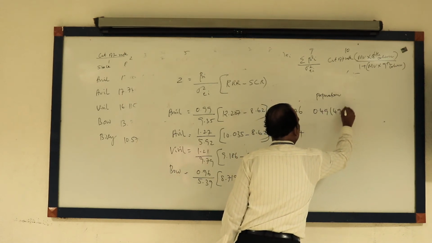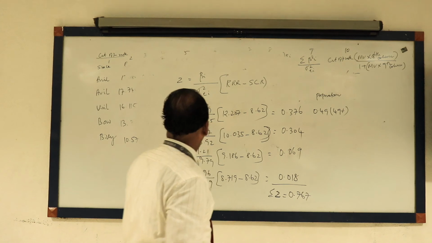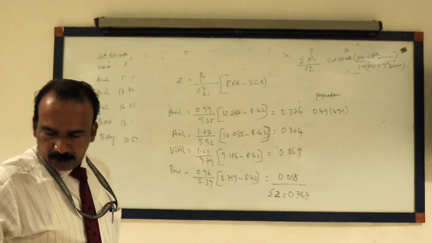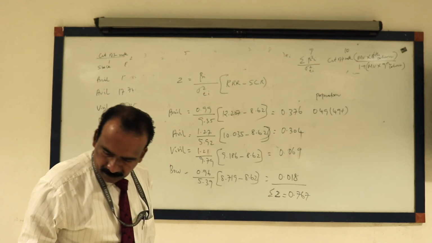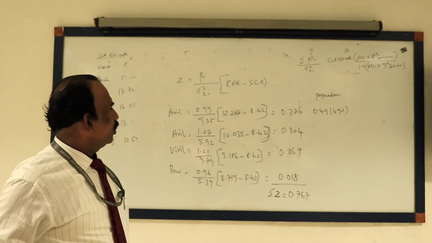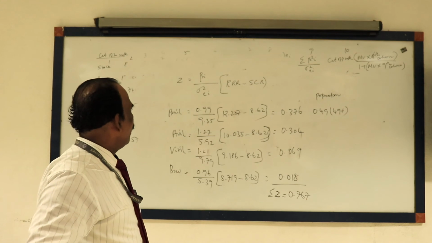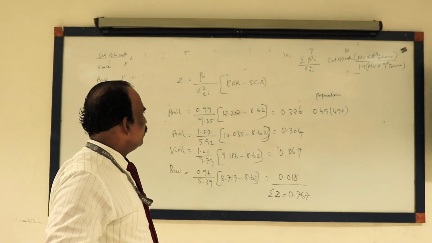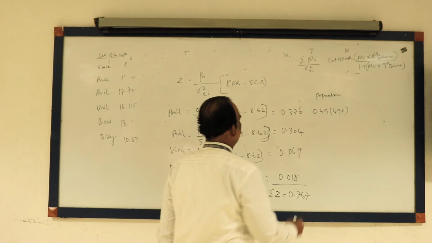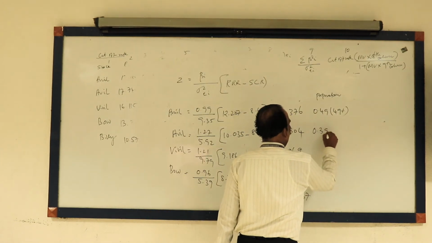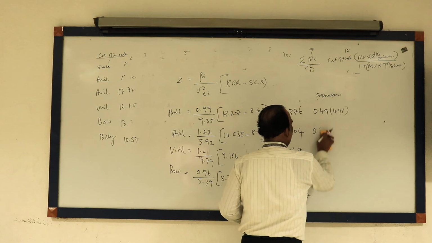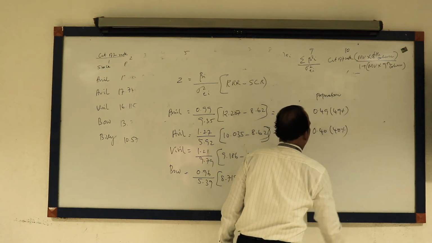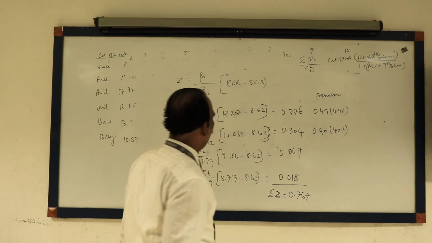So 49% of the funds is invested in the first stock. Then 0.304 divided by 0.767 gives 0.40, 40%. So 40% of funds is invested in the second stock.